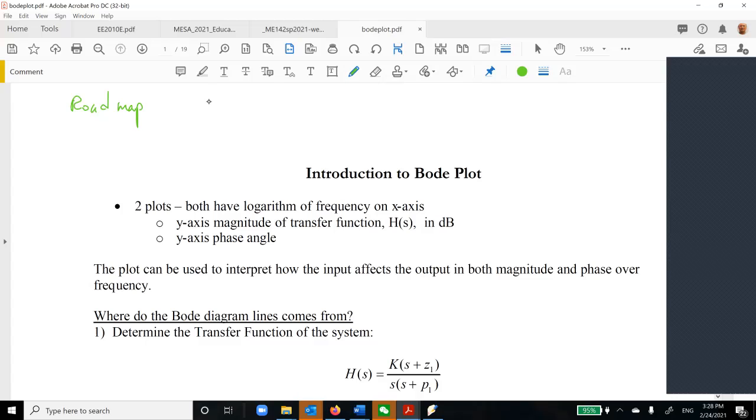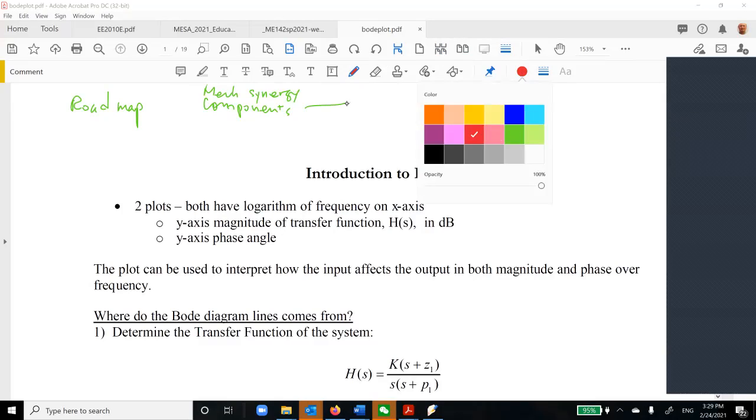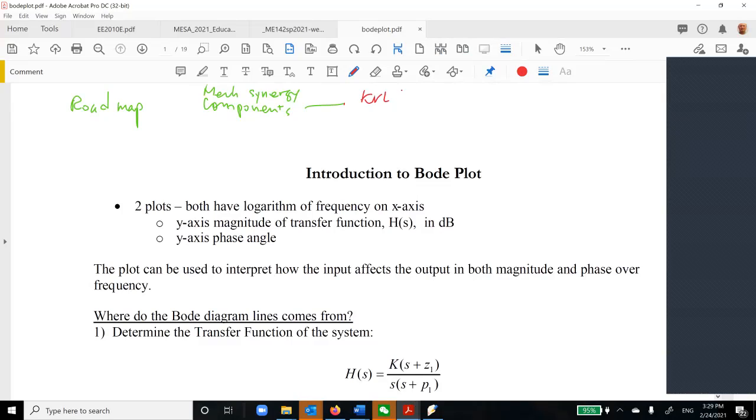So first of all, we talk about Mechatronics synergy, and we talked about components. In here, some of you feel stuck. The reason is the idea behind this one: we are going to use the KVL, KCL notion.